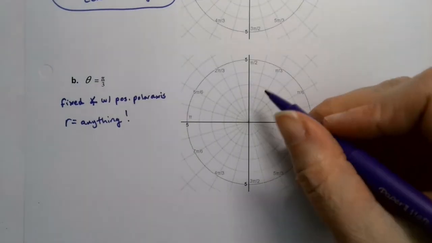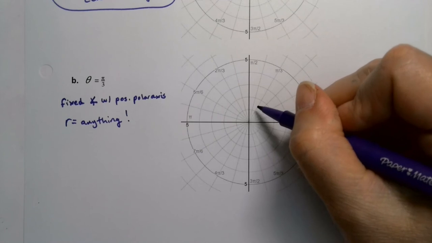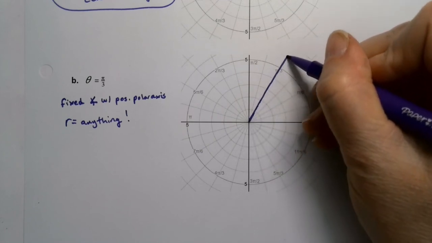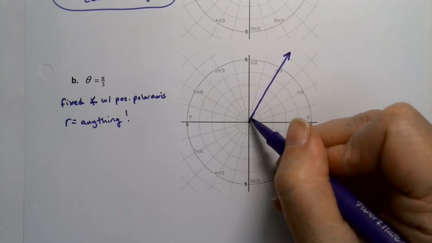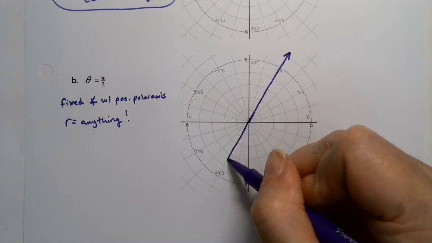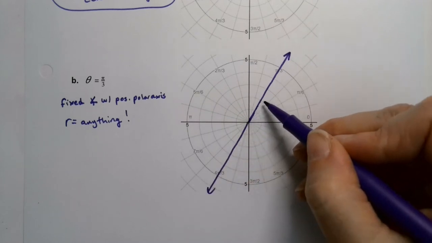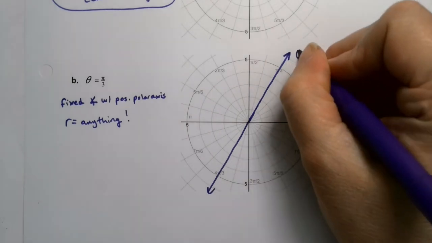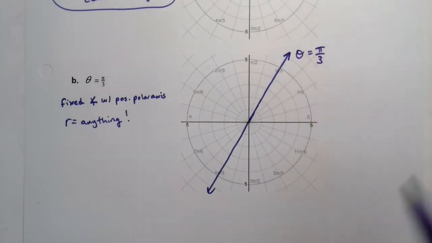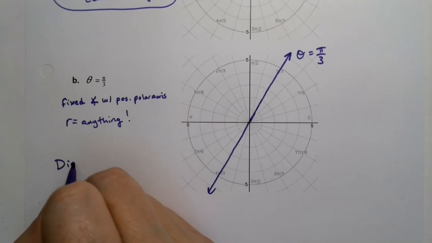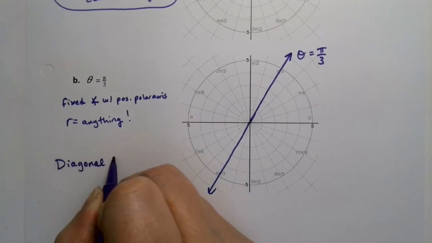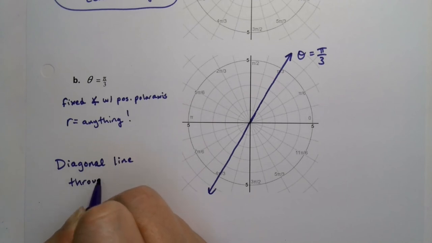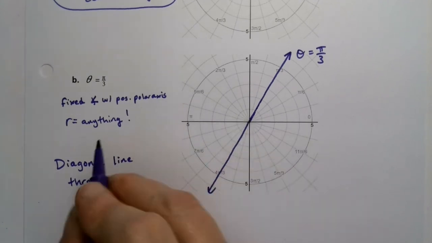So I'm on the pi over 3 angle, but r could be anything, including r could be negative. So r positive is up here, r negative is down there. So that's theta equals pi over 3. It's a line, a diagonal line through the origin or the pole, right?